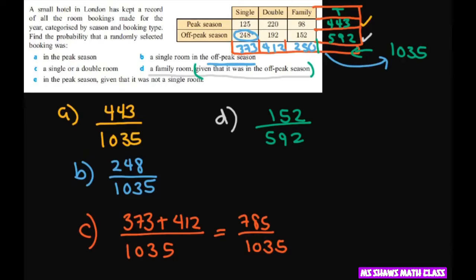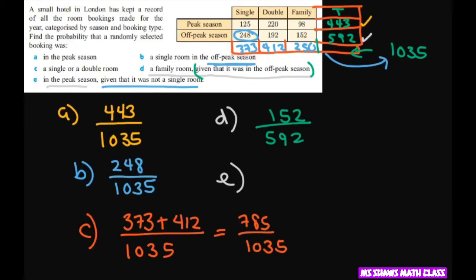And finally, your E, in the peak season. So peak season is 443. Let's see. Given that it's not a single room. So not a single room is these two here.